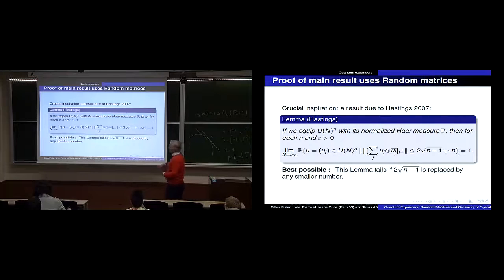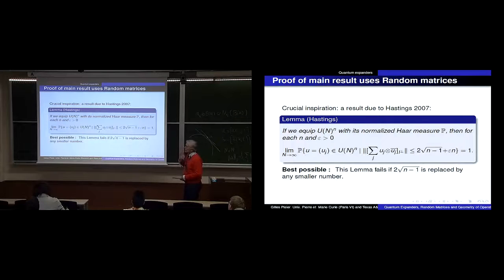And this number, that's what's beautiful about the result, this number is best possible. That is, you cannot prove this lemma with any number less than this number, but of course you have to write the lemma as it is here with any epsilon.